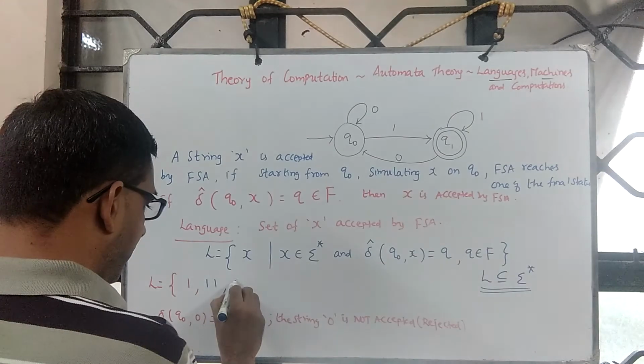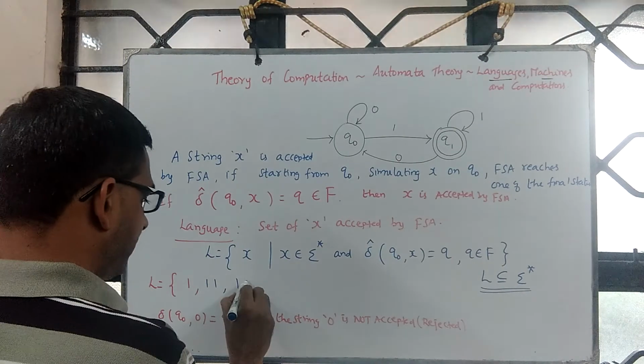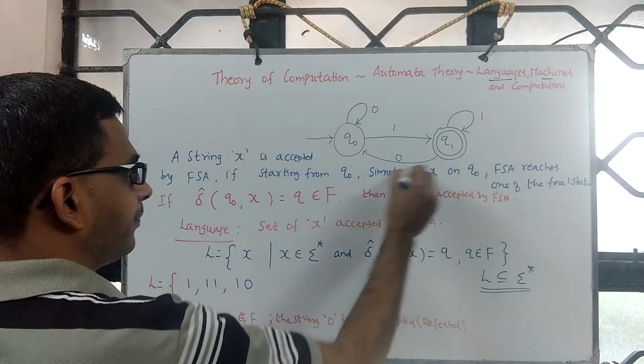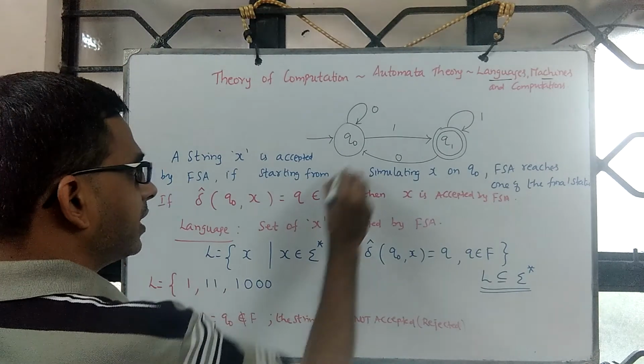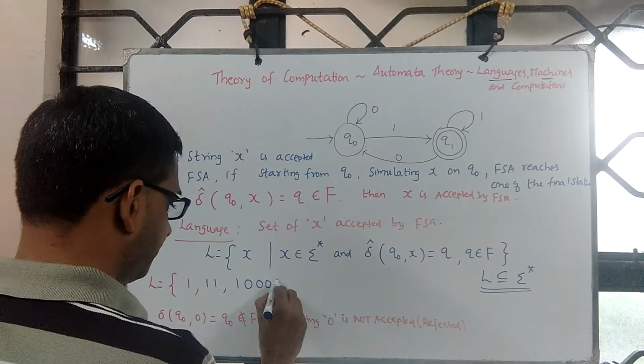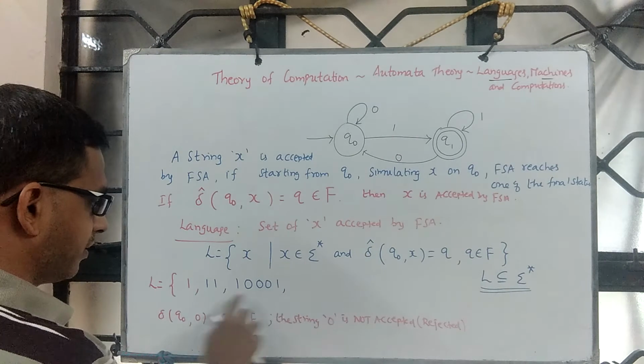Now, I read a 1 followed by a 0, then I read say 2 more zeros, then I read a 1. Look at this string.